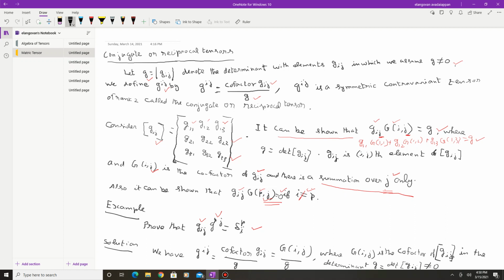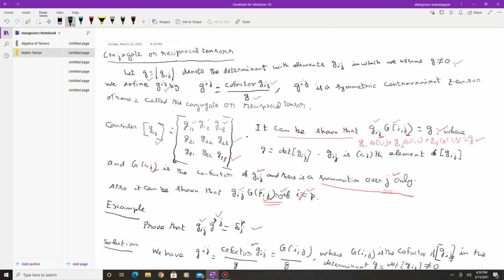Now you take g^ij, this is a contravariant tensor of rank 2. By the definition, this is equal to the cofactor of g_ij divided by g. We have already shown from the matrix theory, from the theory of determinants, that the element g^ij is the cofactor of g_ij divided by the determinant g.